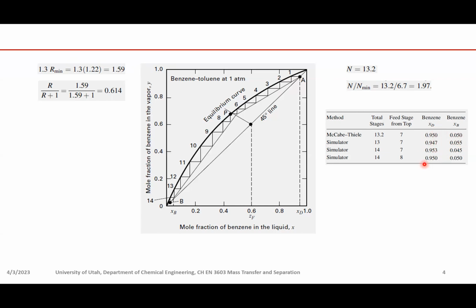But this distillate composition is still lower than our desired outcome, and the bottom composition is still higher than our desired outcome. So we can increase the number of stages to 14 stages, then adjust the feed stage location. Then we can get exact compositions that match our design, our desired separation outcome. Okay.